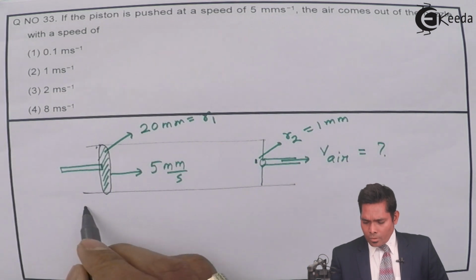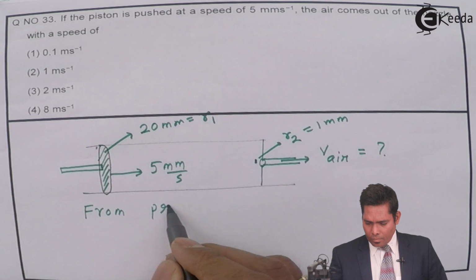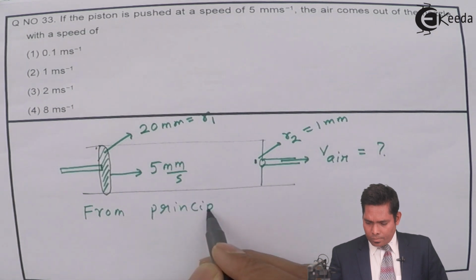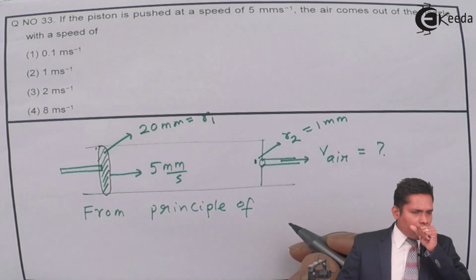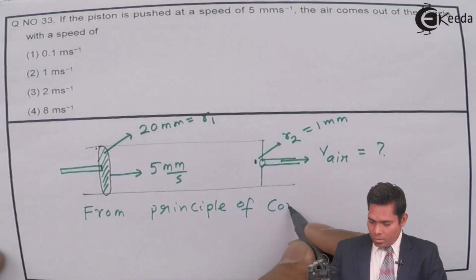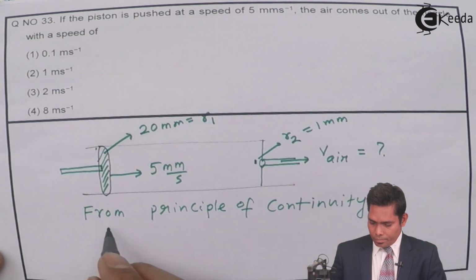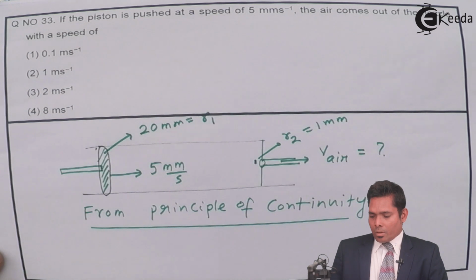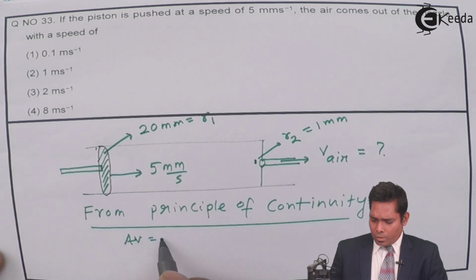Therefore, from the principle of continuity, A into V is a constant.